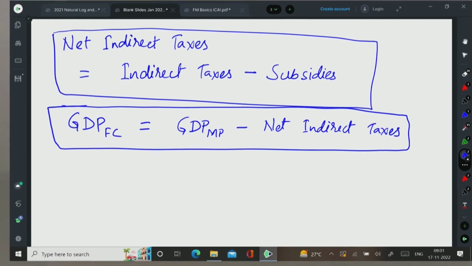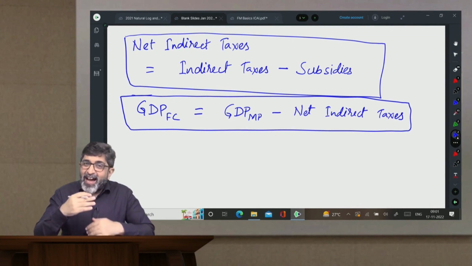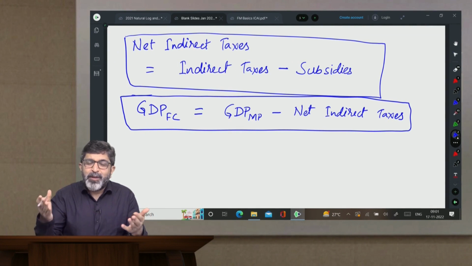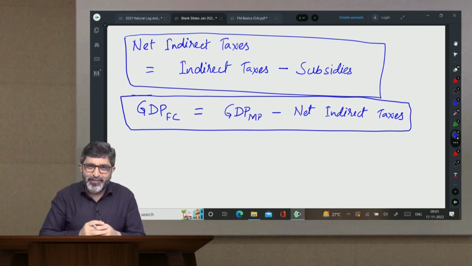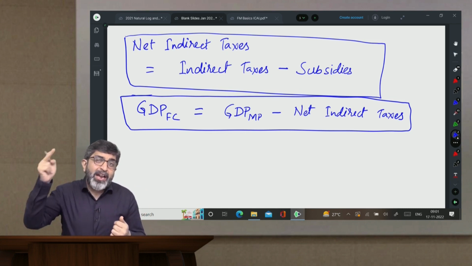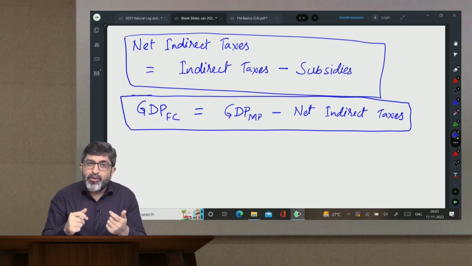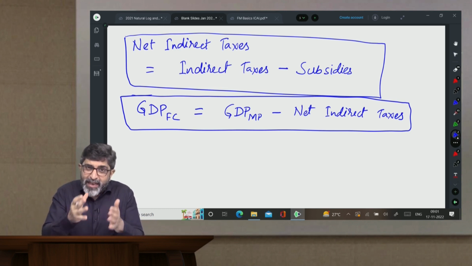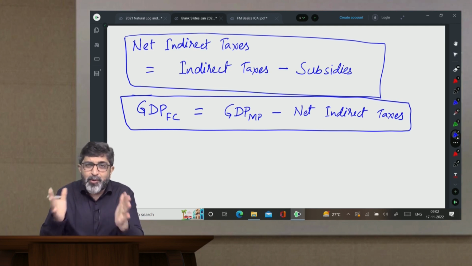Once we arrive at GDP at factor cost and I ask you to find NDP at factor cost, what will you do? GDP at factor cost minus the depreciation. Now arrive at GNP at factor cost. You will take GDP at factor cost plus net factor income from abroad.